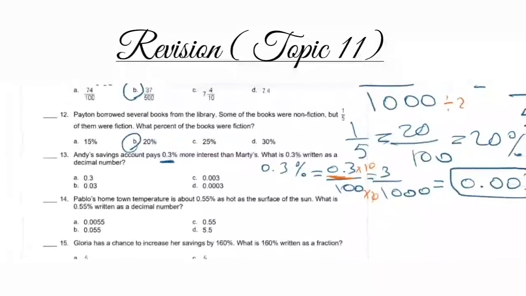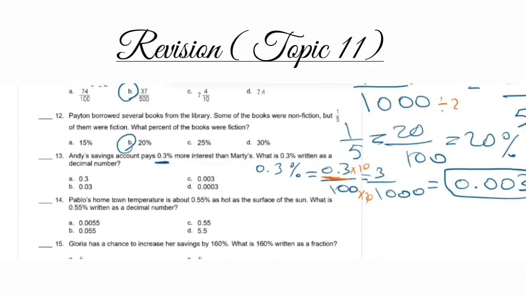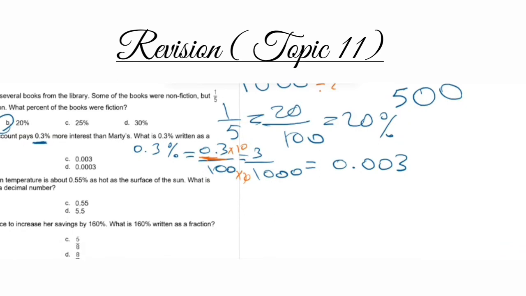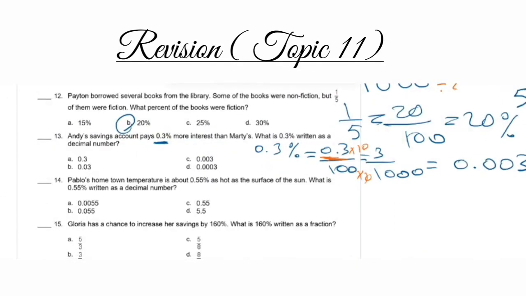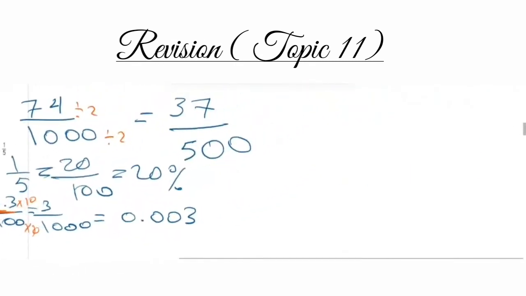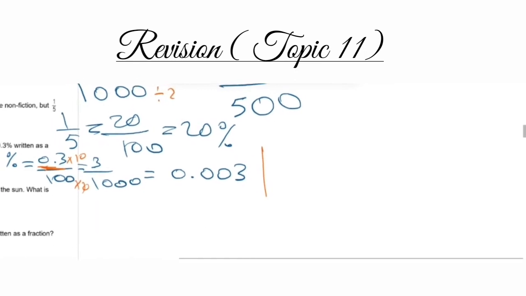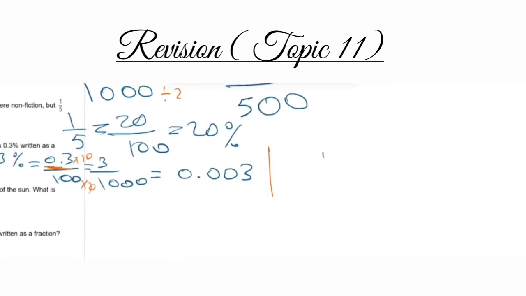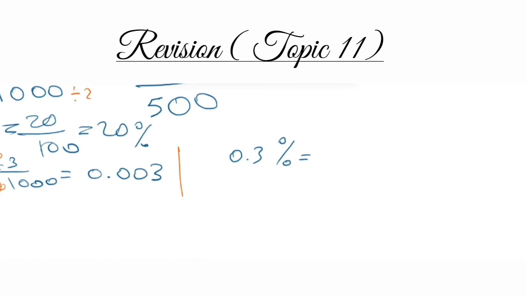This is one way. We have another way to do this. We can move the point to the left 2 digits. If you have 0.3% and we need to write it as a decimal, move the point to the left 2 digits.